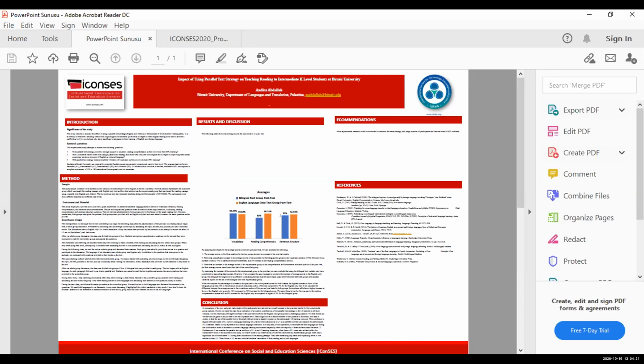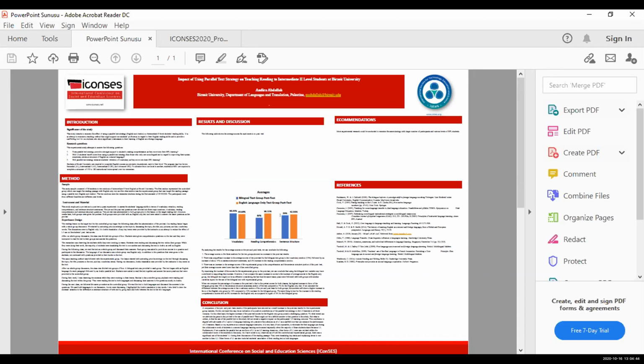So this has posed a challenging question, which is, to what extent can we attribute the gains of my experimental group to parallel text? It is very hard to give a definite answer to this question.